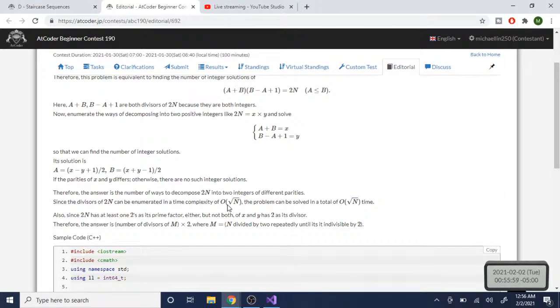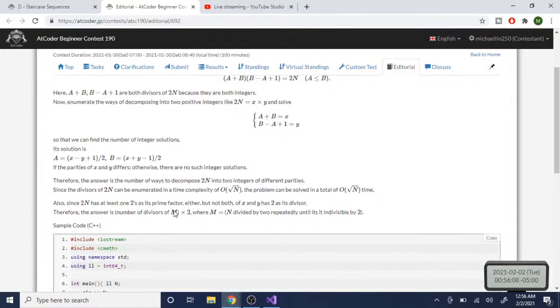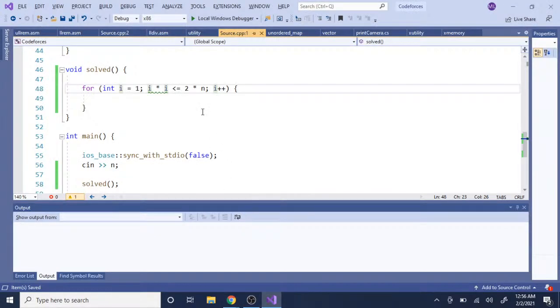Because they said we could do root n. Since 2n has at least two 2's as prime factors, not both x and y have 2 as a divisor. The answer is the number of divisors of m times 2, where m is n divided by 2 repeatedly until it's not divisible by 2. So, okay, let's call m.